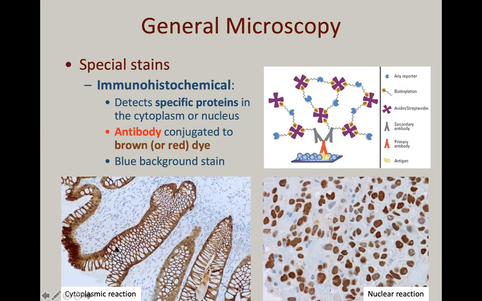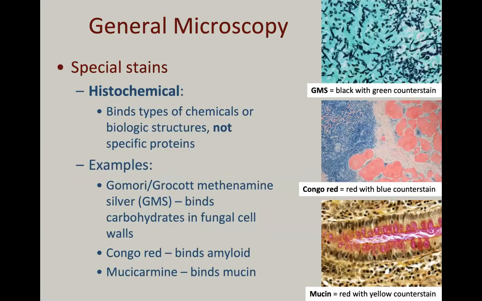So in this case, the antibody is binding in the cytoplasm. So we see a cytoplasmic reaction and the nucleus is empty. And on the right, we see the antibody is binding a protein in the nucleus. So we have a nuclear reaction, and the cytoplasm and the cell membrane are essentially not staining. So this is very helpful to classify site of origin for tumors, identify specific proteins that are expressed in tissue.